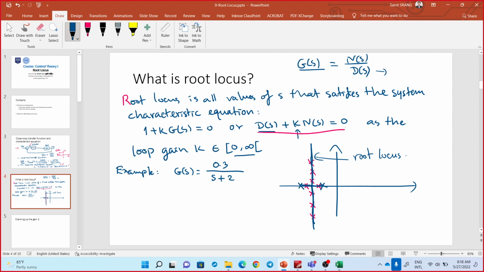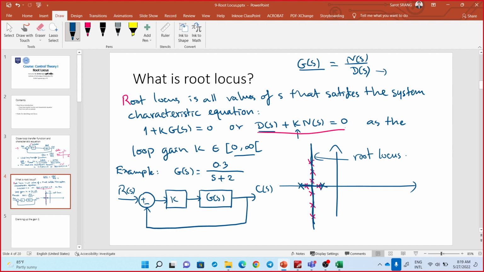So again, you have feedback control like this. You have controller k, and you have the plant g of s, and then you get output c of s, and feedback like this.